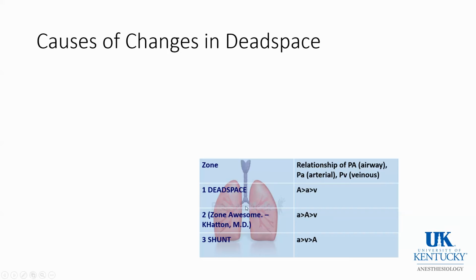So if you think about causes of changes in dead space, and what you should be doing now is in your head thinking, what does that mean? Dead space is what? Dead space is CO2. Okay? So when you think about causes of dead space, think back to this chart here. What are the situations that would increase our airway pressure relatively, or that would decrease our arterial pressure and our blood pressure relatively?